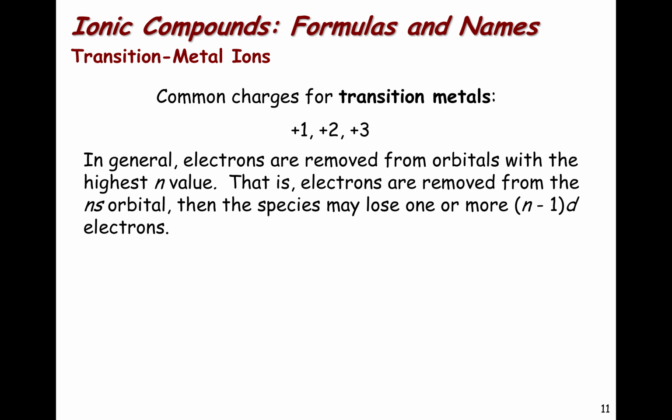The transition metals and the ions that they form are a little bit more complex because of the potential very close energetic interaction between the s subshells and the d subshells. So generally the transition metals form multiple positively charged ions, and some of them are more stable than others.